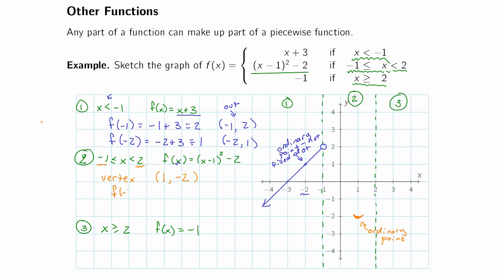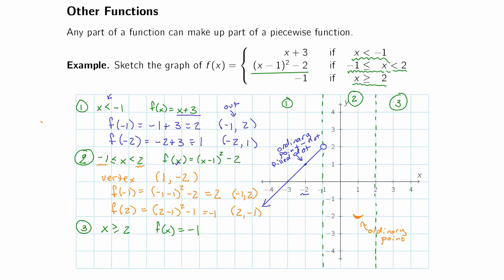So I'll take f of negative 1 is negative 1 minus 1 squared minus 2, and that works out to positive 2. So one of my points is going to be negative 1, 2. F of 2, that'll be 2 minus 1 squared minus 1 is negative 1. My second point is going to be 2, negative 1.